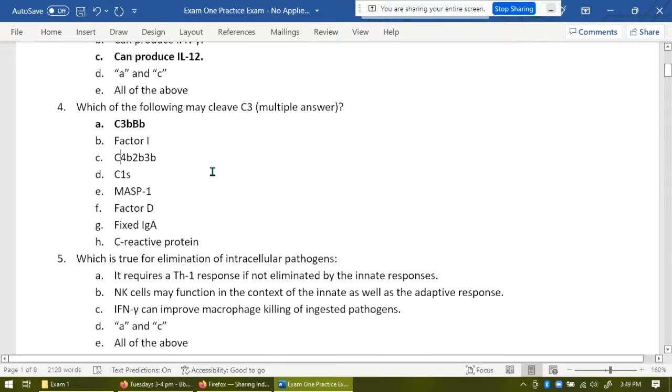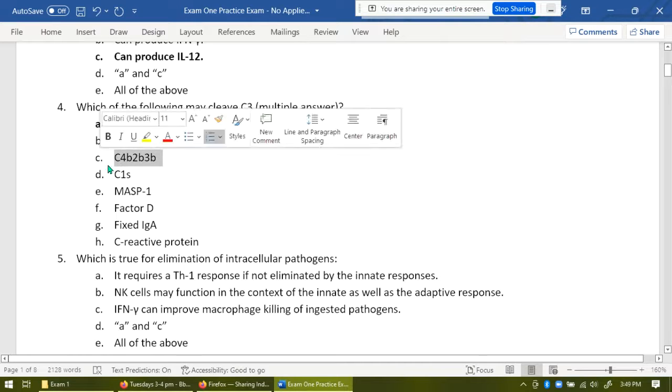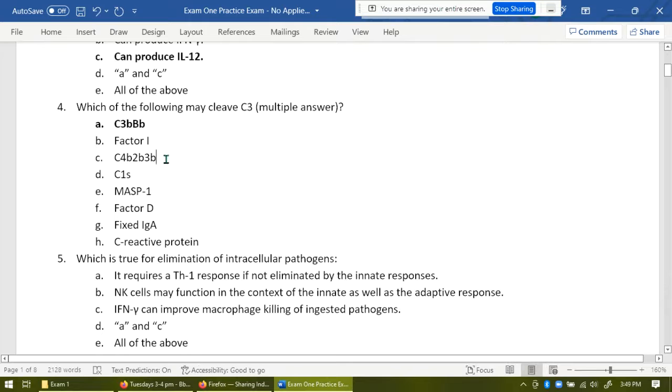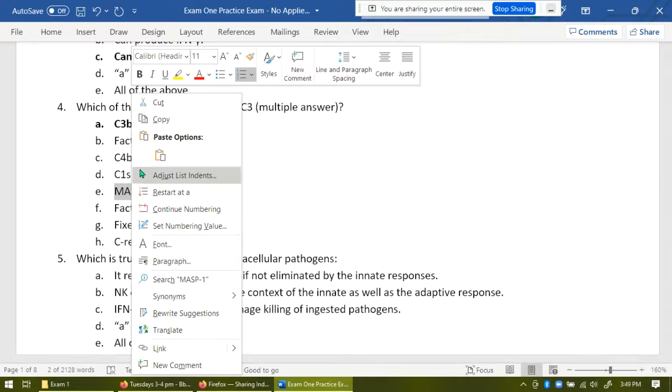It breaks down C3b. C4b2b3b. That is the classical lectin pathway C5 convertase. So that's not an answer here. C1s, that is the enzyme that cleaves C4 and C2 in the classical pathway. So nope.